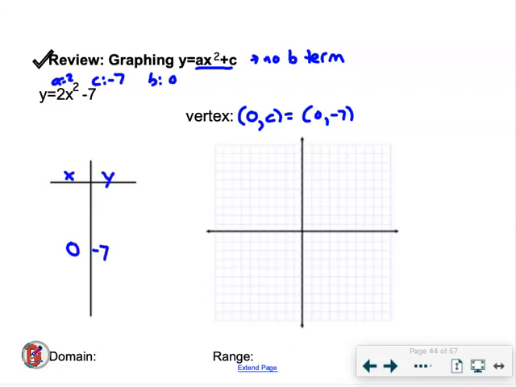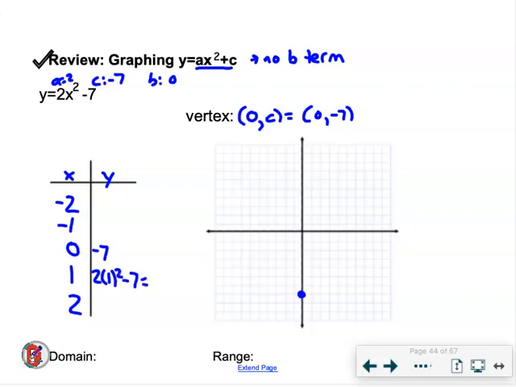This is our x, y, t chart. So our vertex is at 0, -7, right here. And then we just plotted the points around it. We know that 1 and -1, 2 and -2 will have, respectively, the same values when you plug it in. So at 1, we're plugging in 2 times 1 squared minus 7.